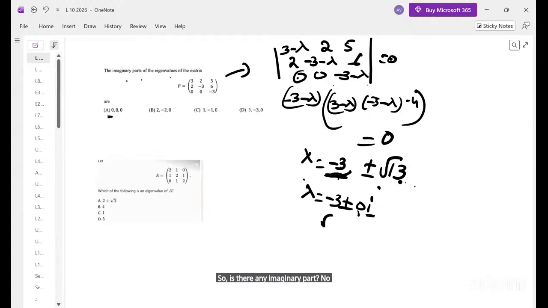No. So it is 0, because the eigenvalues are purely real. Purely real means the imaginary part is 0. So 0, 0, 0, A is the right answer. Because all are purely real, the imaginary parts are 0.